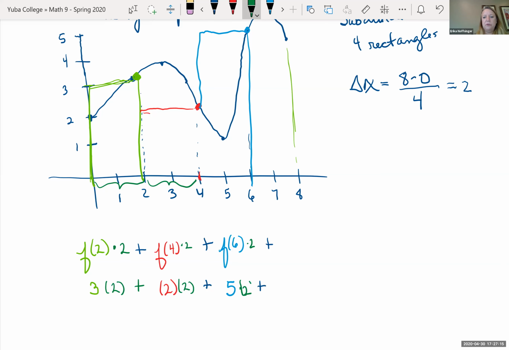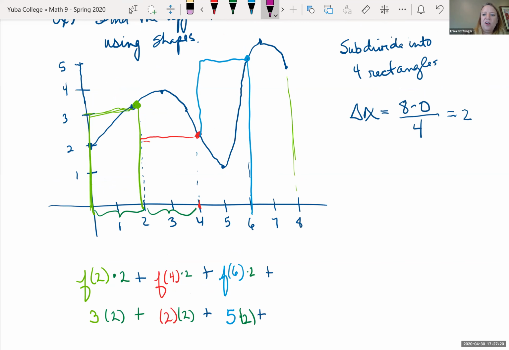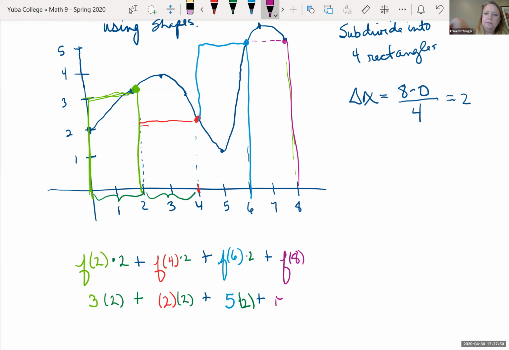So now going to the height of our last rectangle, tracing our curve here, and then going over. So we would look at what f of 8 is. f of 8 is 5 times 2.